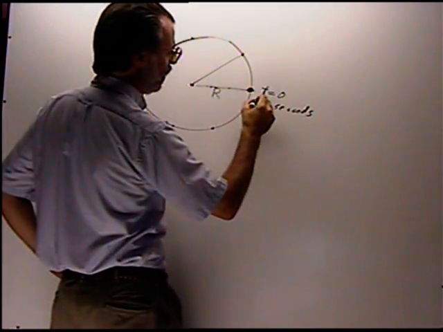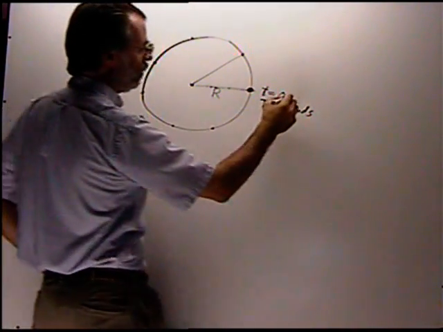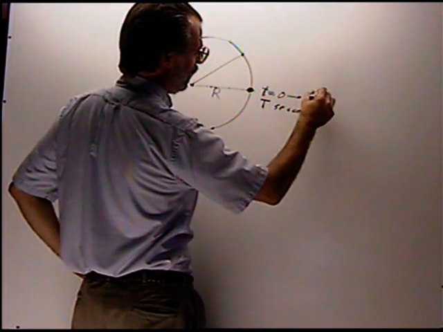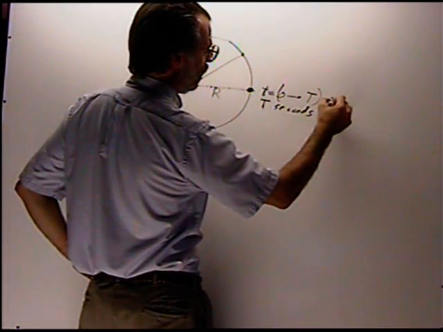So from t equals 0 to t, it makes one revolution.